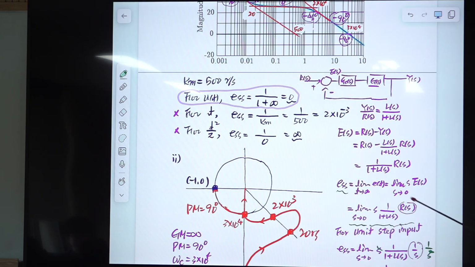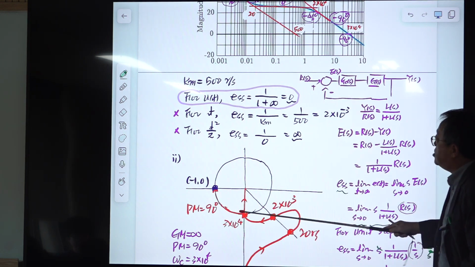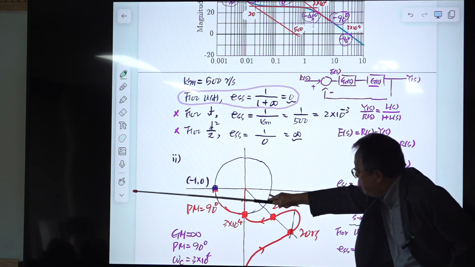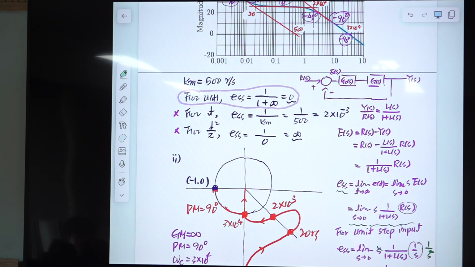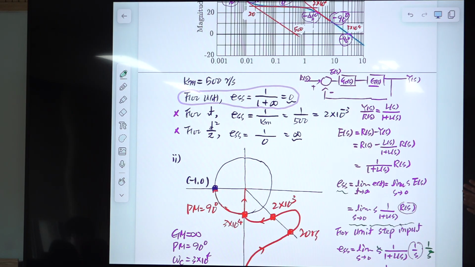If you use another integrator, then the phase will be delayed from the beginning. The phase starts somewhere here, minus 180. There you add another integrator, okay? If you add another pole, the phase delay will depend on the location of the pole, but finally it will add 90 degree.